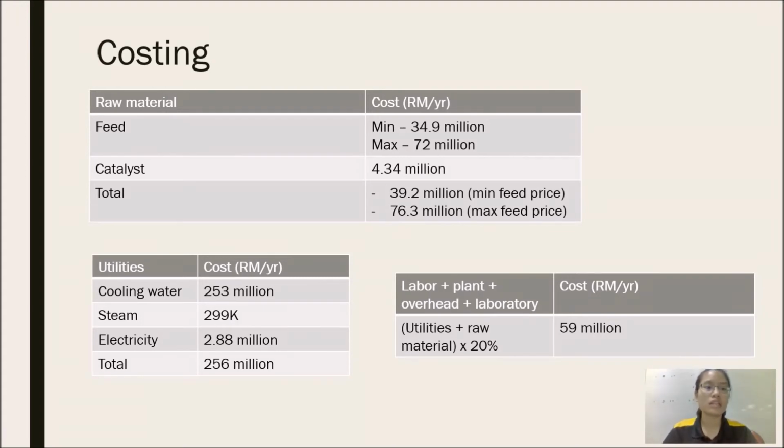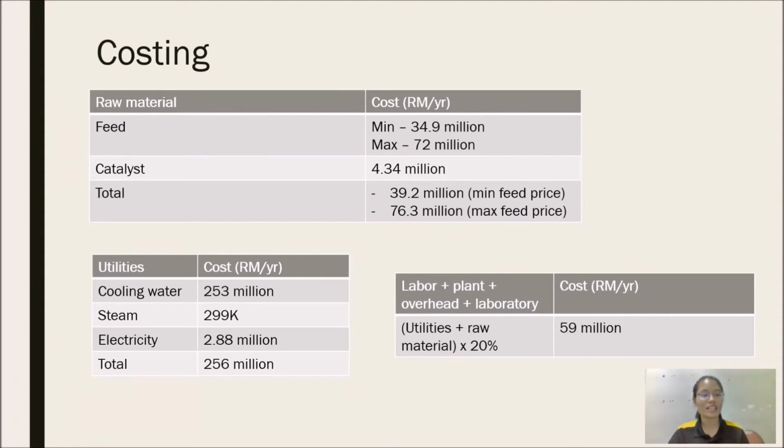Our utilities consist of cooling water, steam and electricity, and the total cost is 256 million. The cooling water costs 253 million ringgit per year, the steam is 299k ringgit per year, and the electricity is 2.88 million ringgit per year.